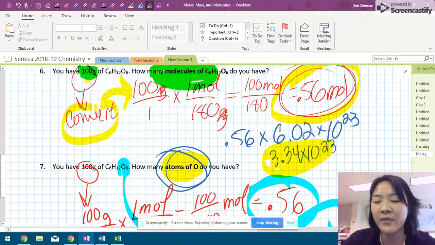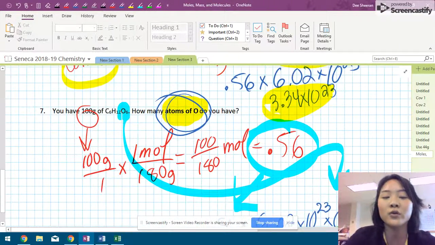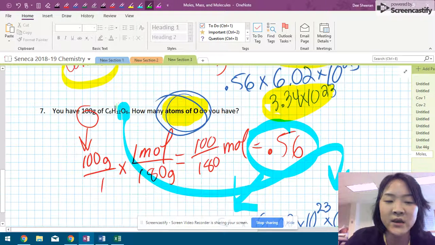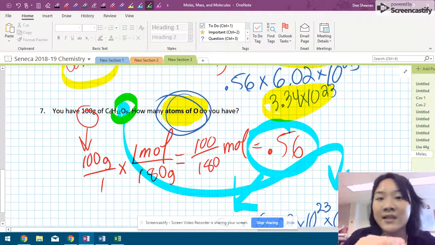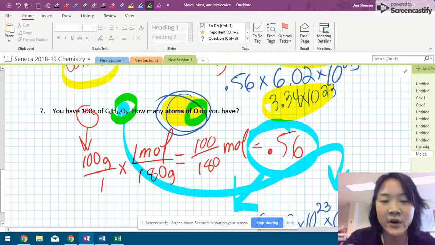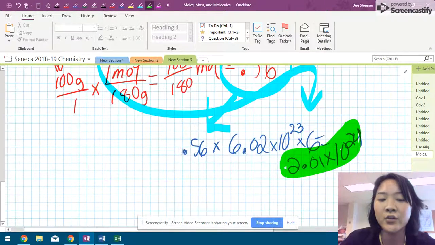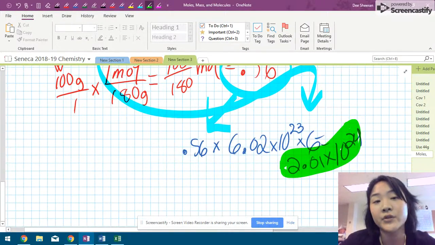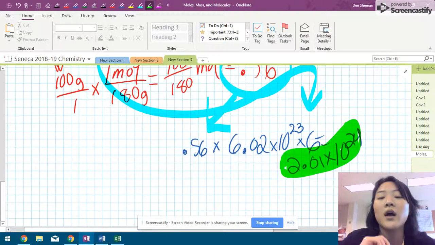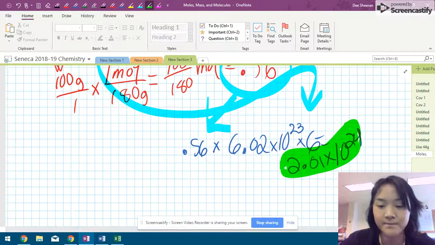I multiplied that by the 6.02 times 10 to the 23rd, and I got this number. If I'm doing atoms, remember to always multiply by the subscript. In this case, 6 is my subscript for O, and we're asking about O. So I had to do 0.56 times 6.02 times 10 to the 23rd times 6.